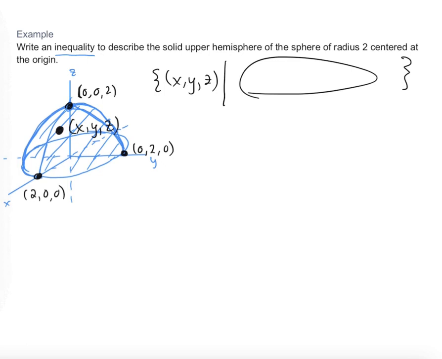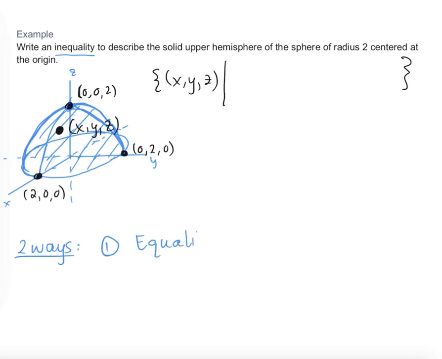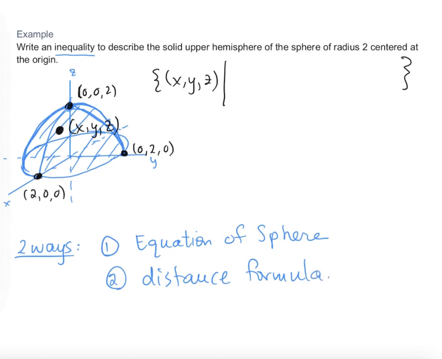So what might that criteria need to be? We're going to look at two basic ideas here. Number one is that we can approach this from the equation of a sphere, and number two is that we can approach this from the distance formula. So we'll start off by first looking at the equation of a sphere, and then we'll do the second way.